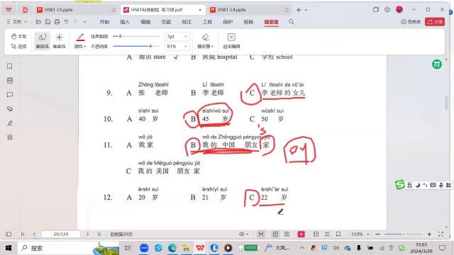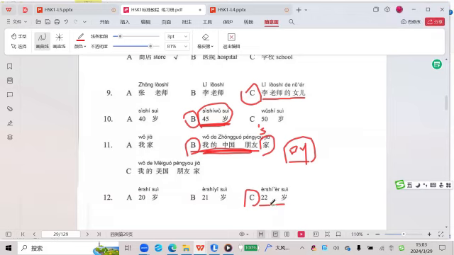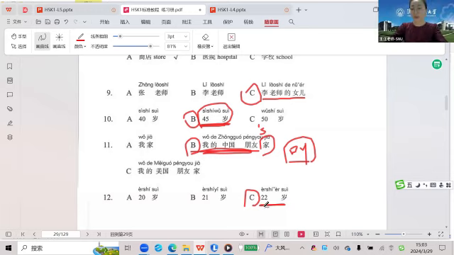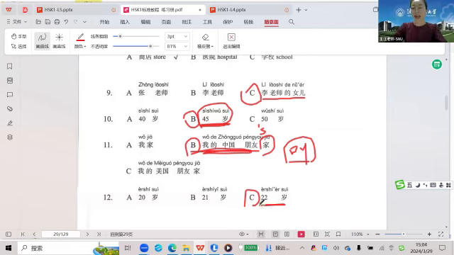他今年22岁。He is 22 years old this year. 今年 means this year. We heard 22岁, right? Okay, who has done all this part correctly?